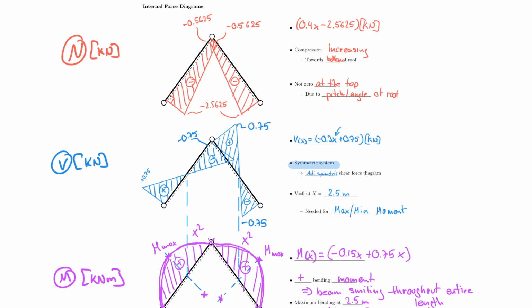And most important for these diagrams to recap is that the normal force increases towards the bottom, makes sense. Shear force is anti-symmetric because the system was symmetric, and the moment therefore must be symmetric and also positive because each of these 2 rafters wants to bow down, and therefore it must be positive.